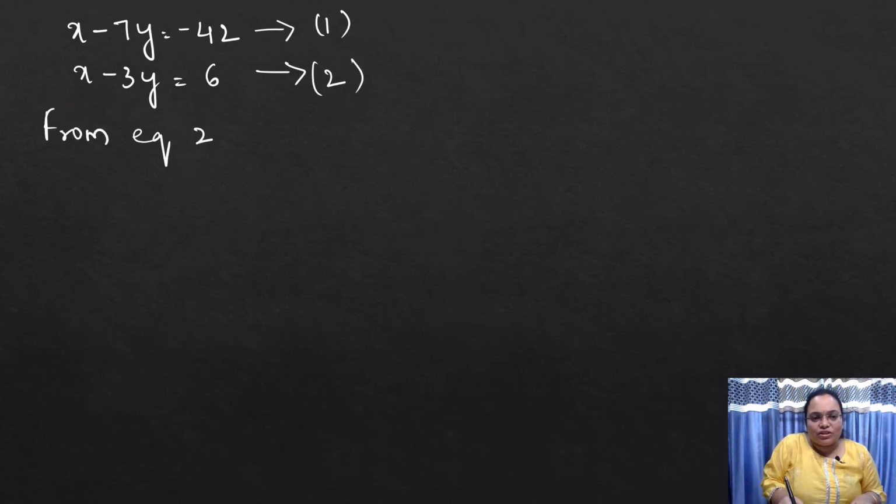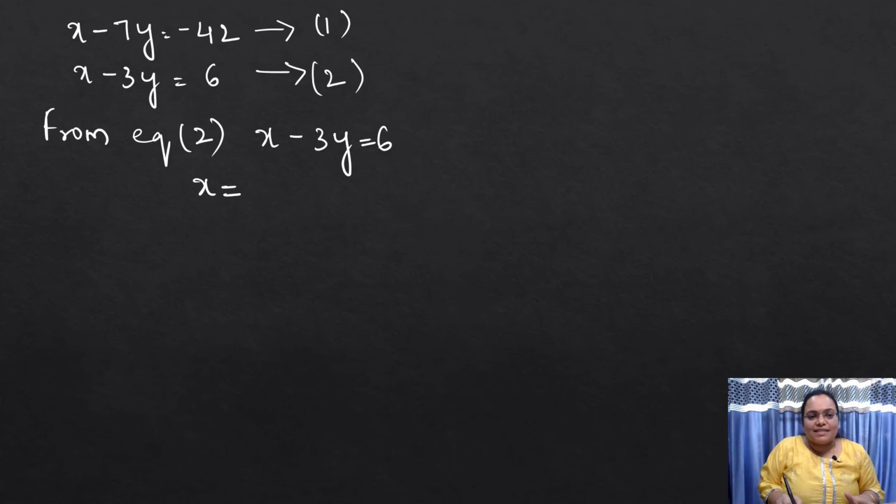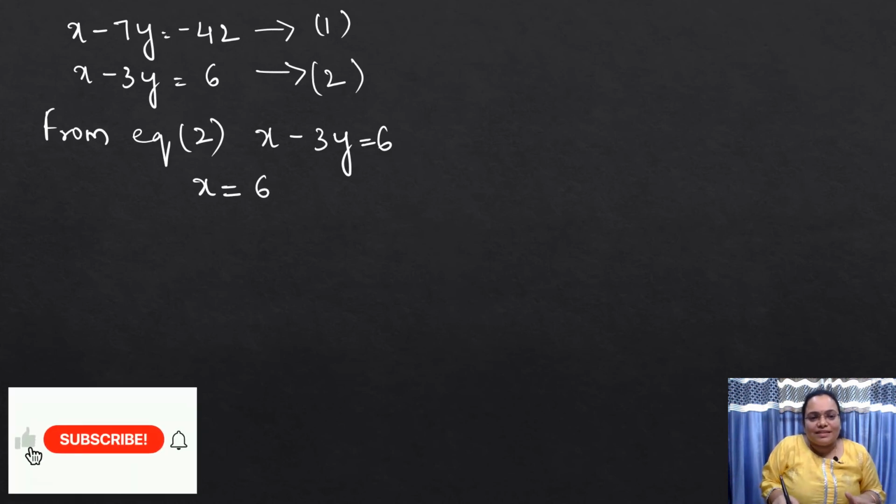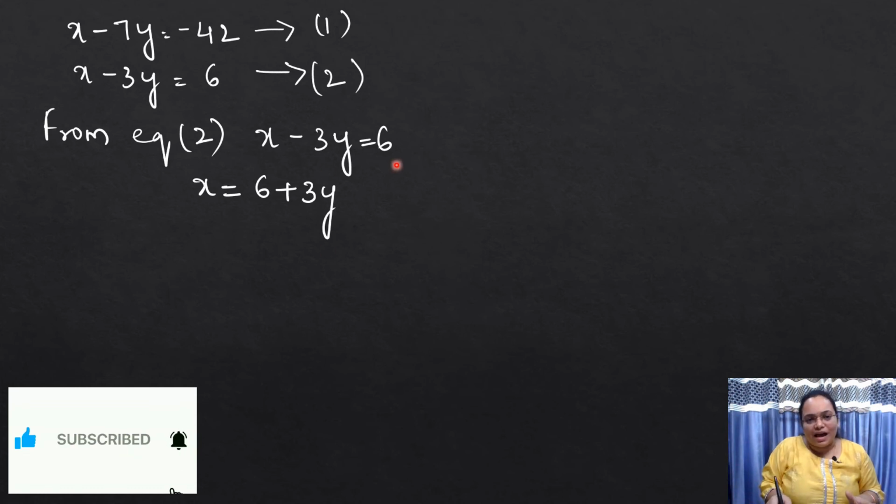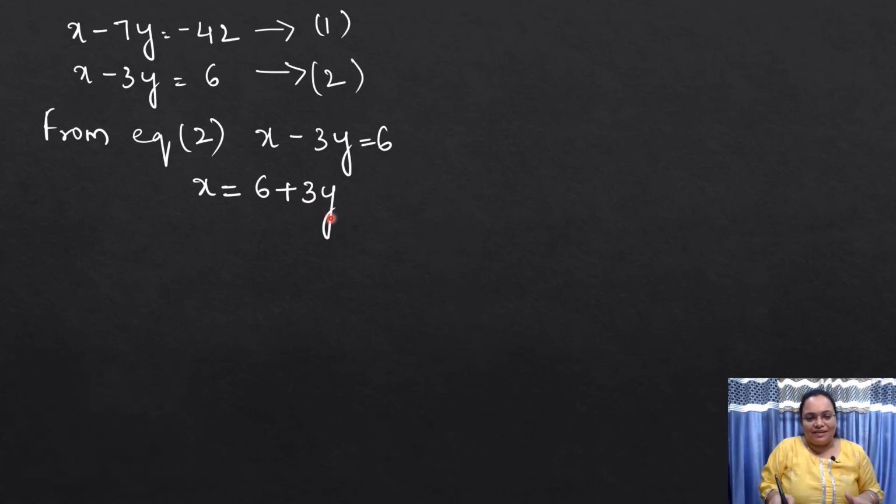From equation 2, that is x minus 3y is equal to 6, x is equal to 6 plus 3y. I'm just sending minus 3y to RHS, which becomes plus 3y. Okay. We will take this equation as 3.